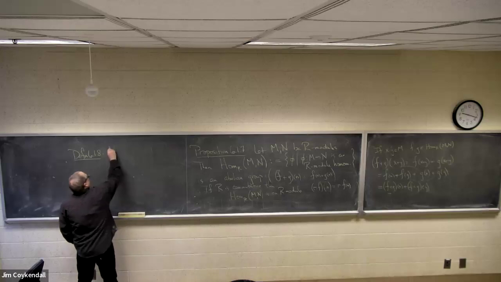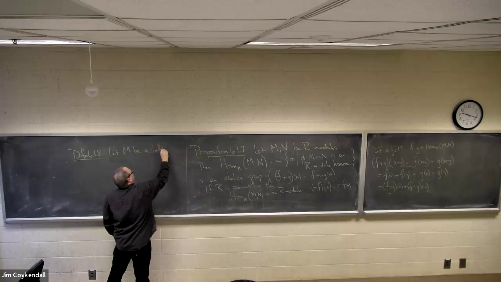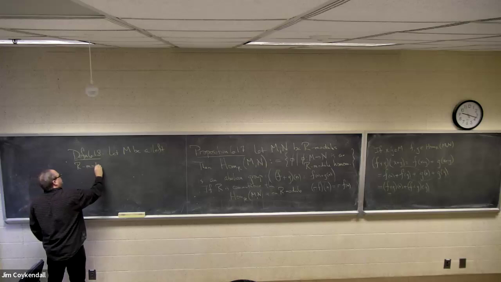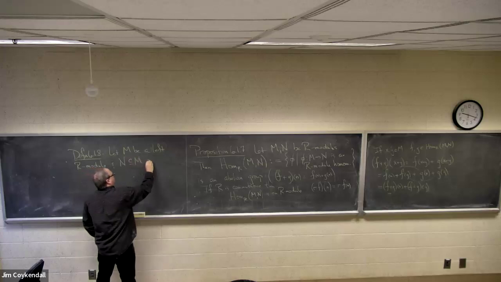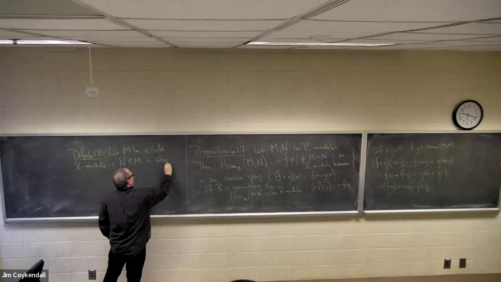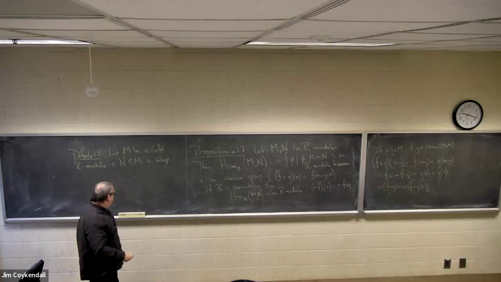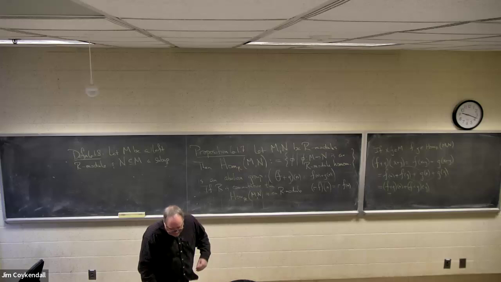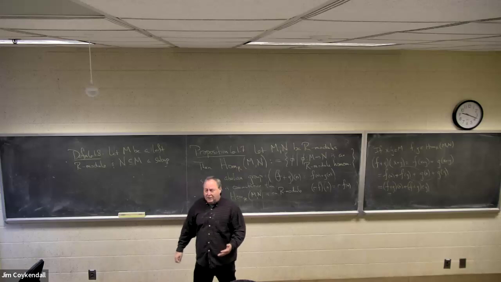Let M be a left R module, and N, right? Because remember, first and foremost, M is an abelian group, so I'm going to pick some subgroup N. Well, any subgroup of M is a candidate for being what I might call a submodule, right?